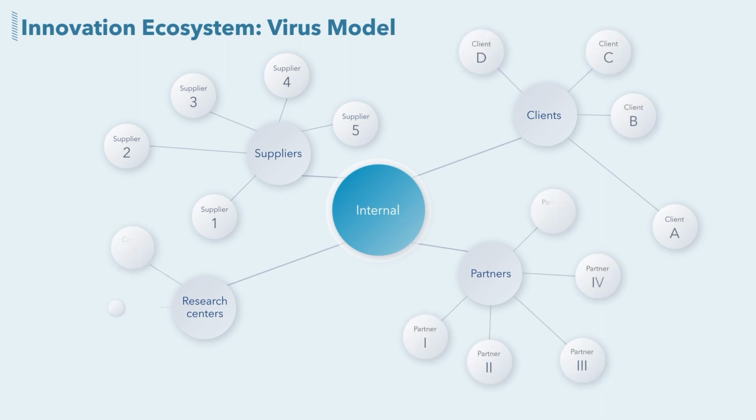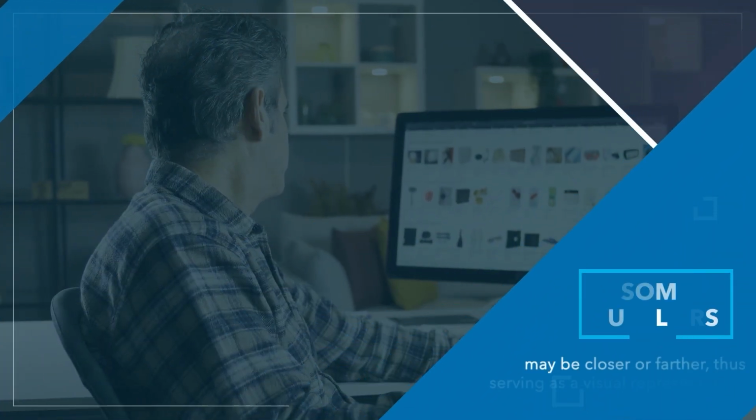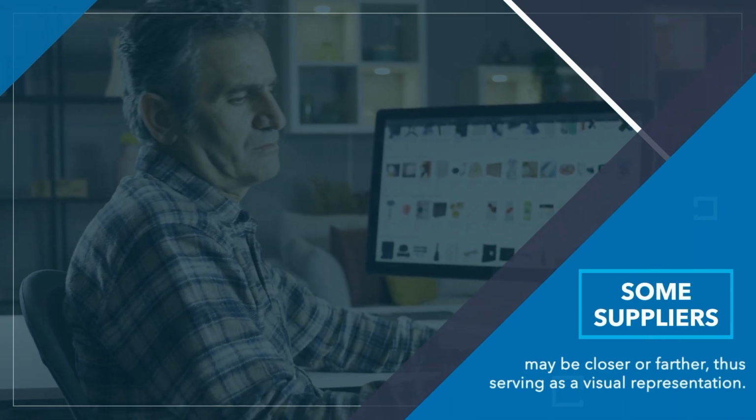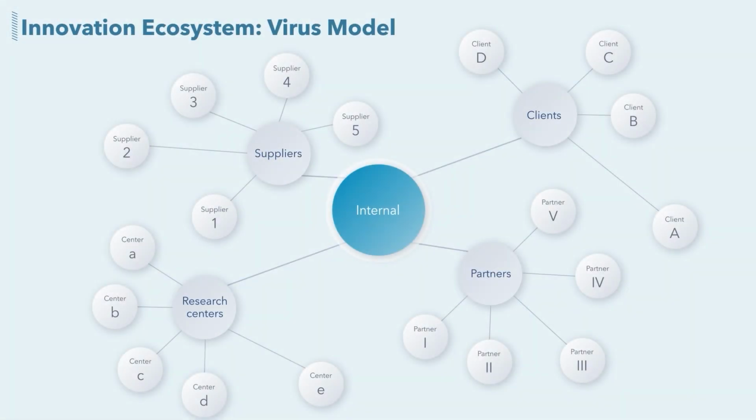In addition, the distance from the main bubble can be altered to indicate its layer designation accordingly. Some suppliers may be closer or farther, thus serving as a visual representation. In this example, Research Center E is an extended external, while the others are close external.